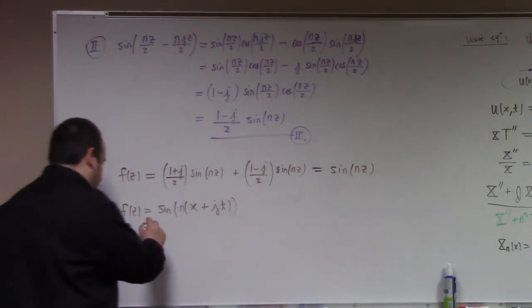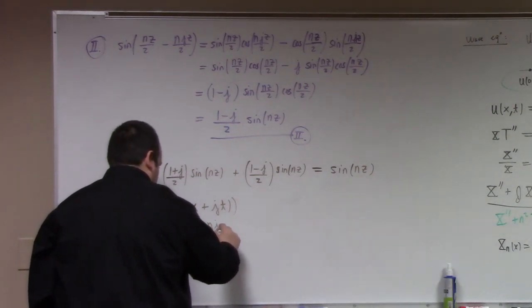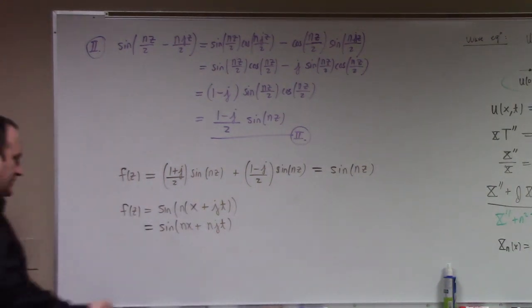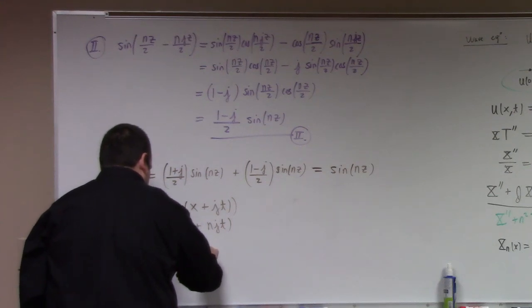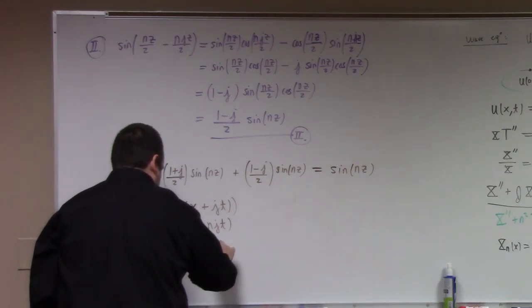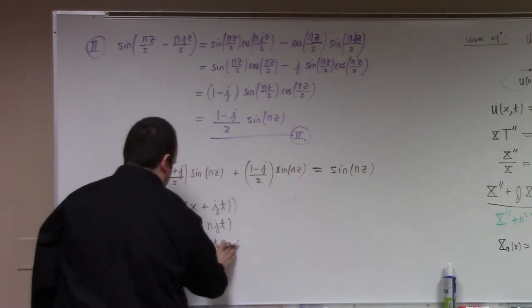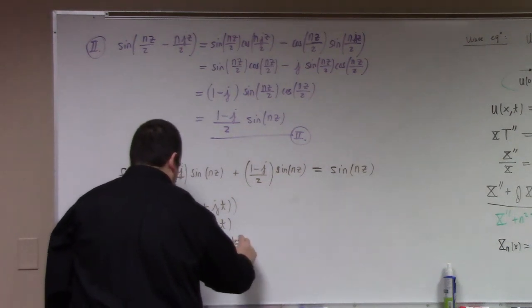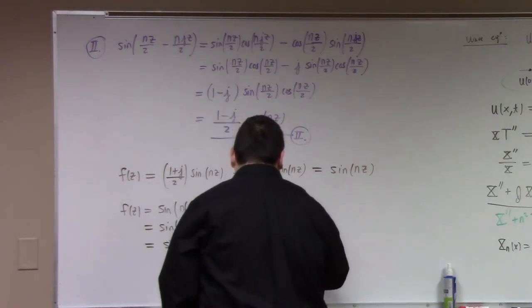This is sine of nx plus njt, which is sine of nx cosine of njt, plus the cosine of nx, the sine of njt.